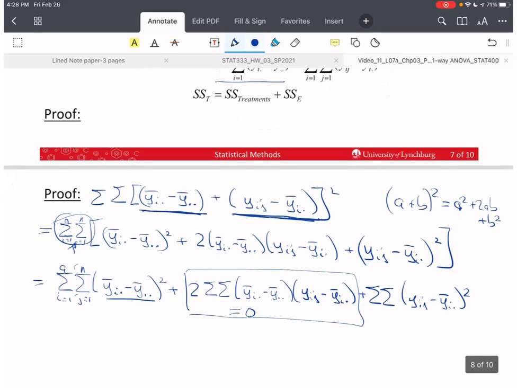So when I sum across j n times, I'm going to get n of these. What I'm going to end up with, keeping the sum i equals 1 to a, inside of this, I have yi dot bar minus y dot dot bar for j equals 1. This is j equals 1. But there's no j down in here, so I can't replace anything. So it's going to be just this quantity.